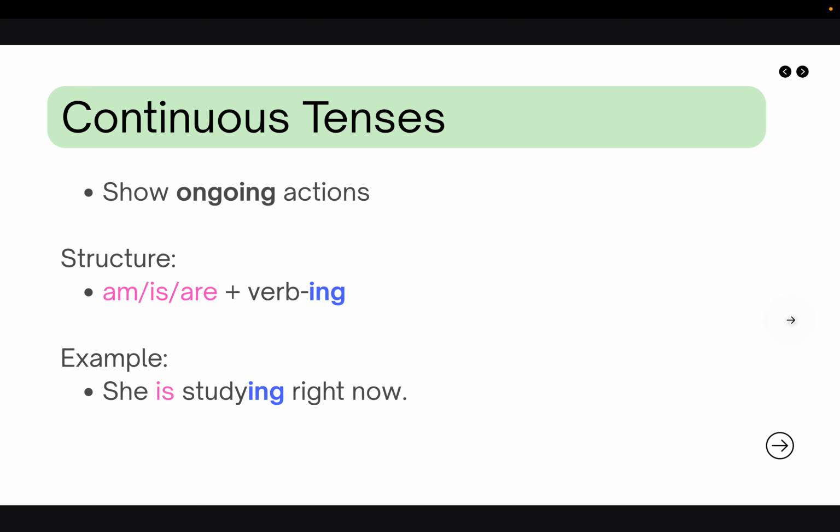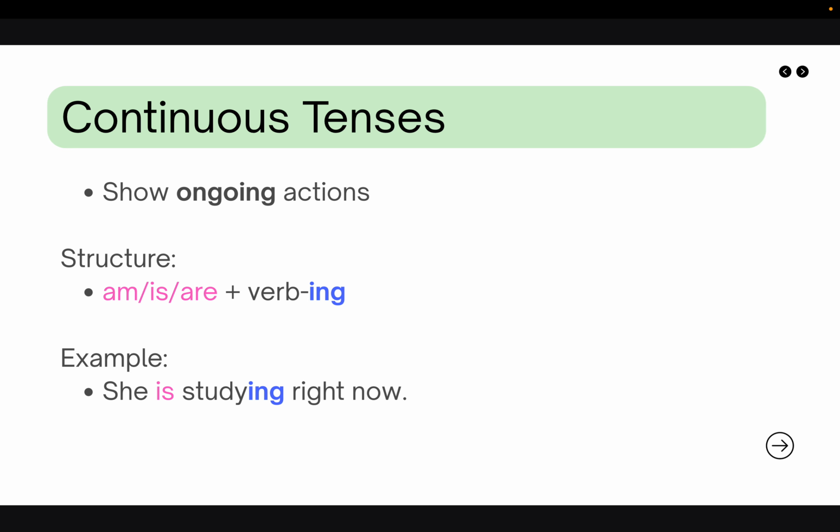Alright, so now we'll move on to continuous tenses. Okay, continuous, based on the word continue, it shows ongoing action. Perkataan ni, tenses ni berkaitan dengan benda yang berlaku continuously, ongoing, dia tak habis lagi.